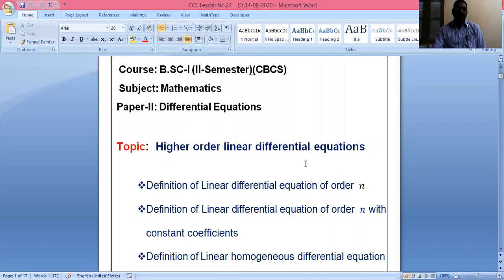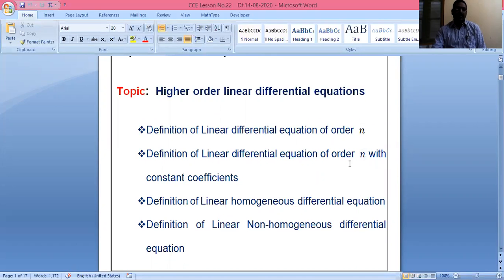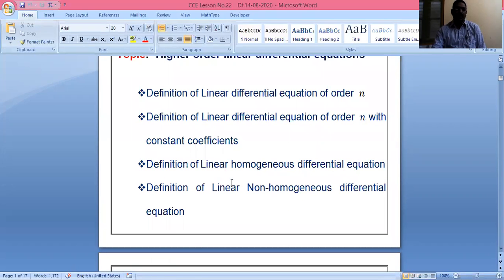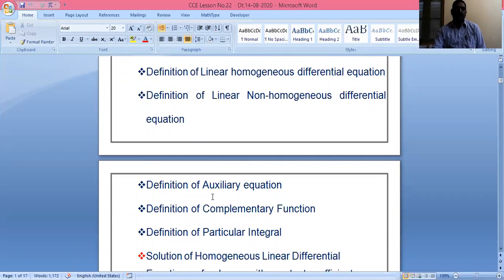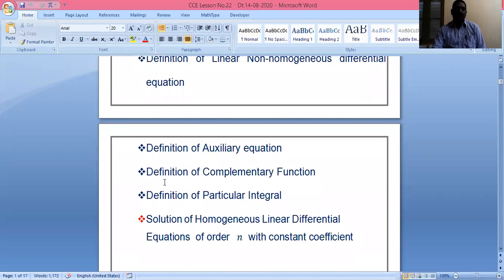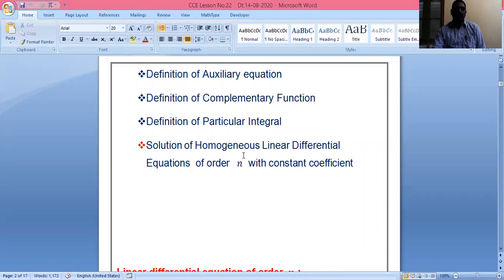In this, we learn the definition of linear differential equation of order n, definition of linear differential equation of order n with constant coefficients, definition of linear homogeneous differential equation, definition of linear non-homogeneous differential equation, definition of auxiliary equation, definition of complementary function, definition of particular integral, and solution of homogeneous linear differential equation of order n with constant coefficients.